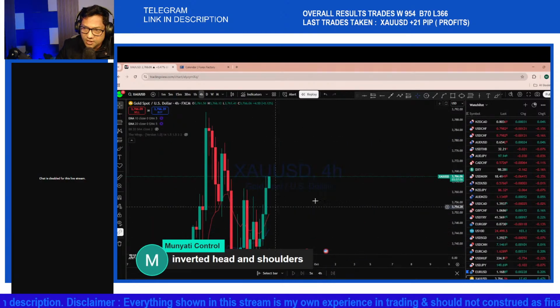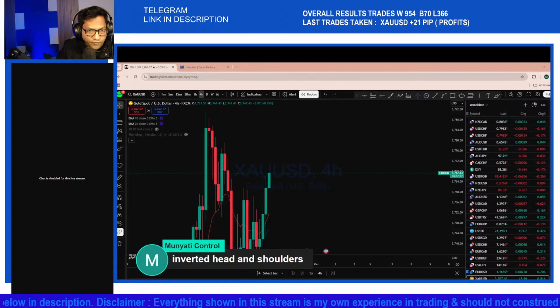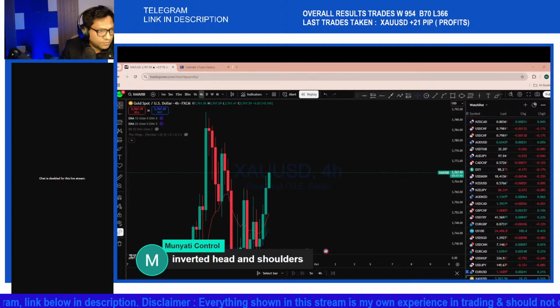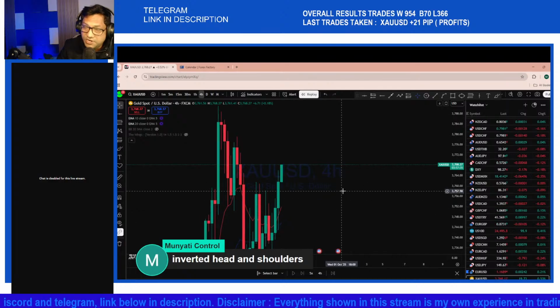Let's delete the pending order. It didn't fill, by 2 pips. Now it's maintaining that uptrend here.